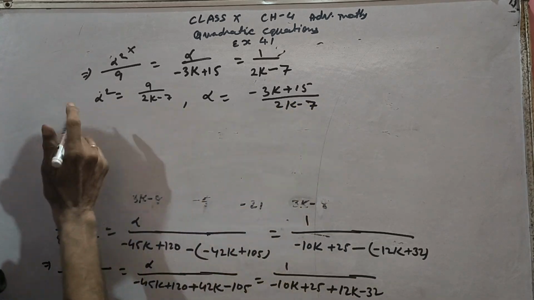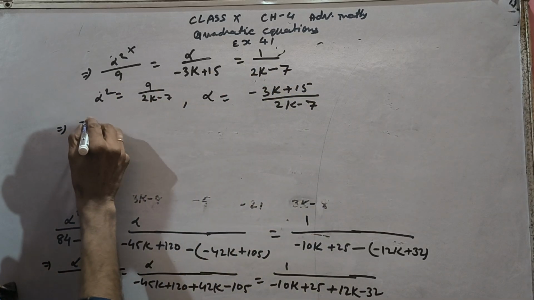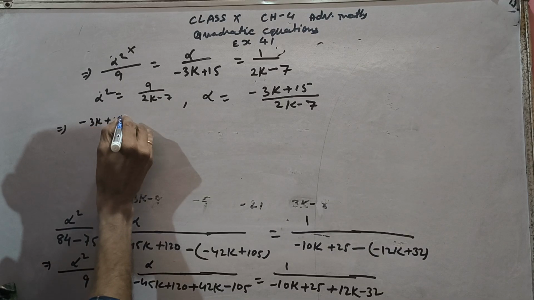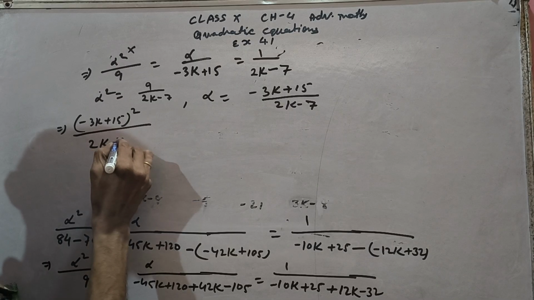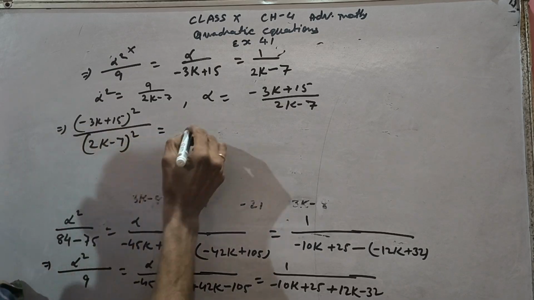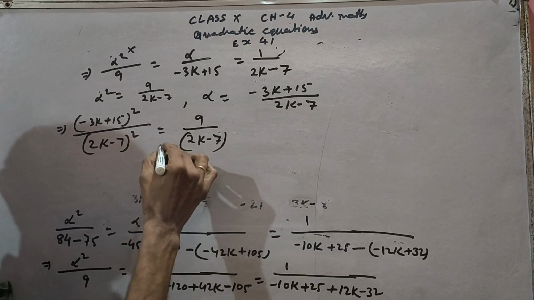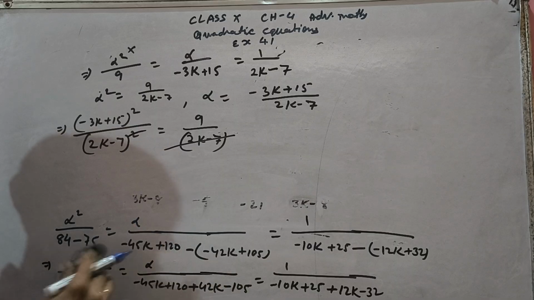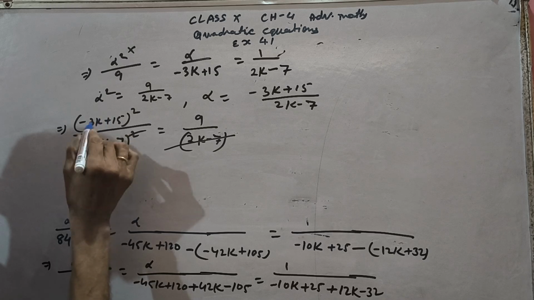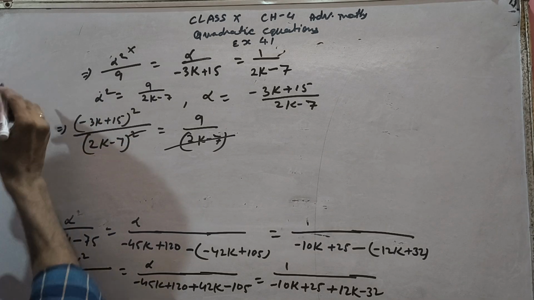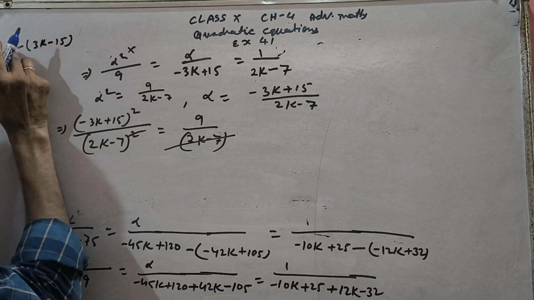Put this value of alpha here. So alpha square means this square. So minus 3k plus 15 whole square by twice k minus 7 whole square is equal to 9 by twice k minus 7. So one will cancel. What is left? This is minus 3k plus 15 whole square. Taking the minus common, 3k minus 15 whole square.